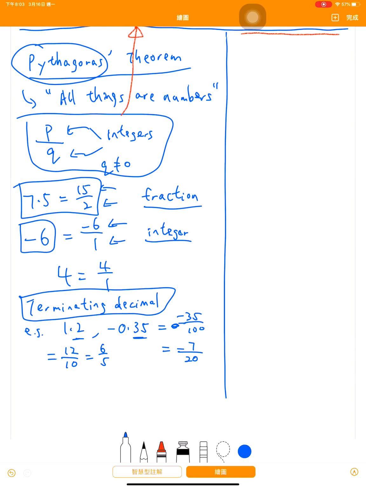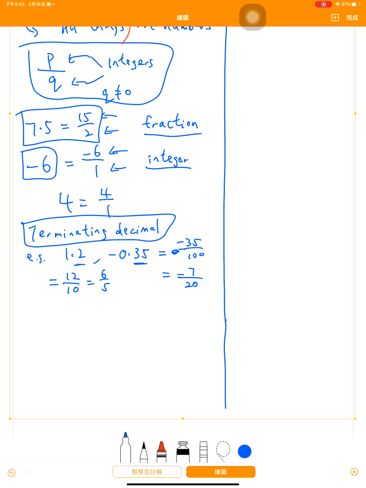Then for the last one, that is the recurring decimal, which in Chinese is called 循環小數. For example, 0.33333, unlimited 3. Usually we use this symbol, 0.3 with a dot. That means we are repeating the 3.